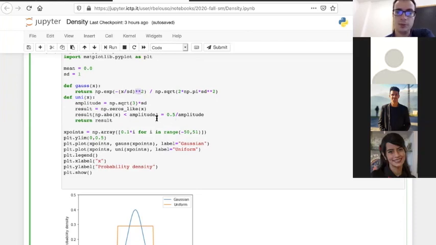This symbol with the double star is raising to the power, and 2 specifies the power. And we divide by a normalizing factor. This factor can be obtained by integrating over all values of x, and makes the probability density integrate to 1: the square root of 2 pi times the standard deviation raised to the power 2.